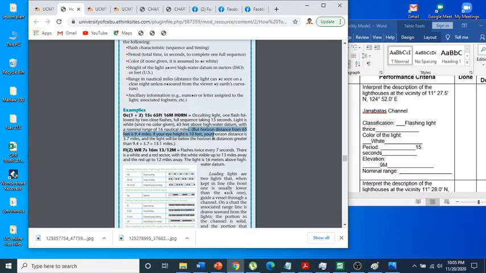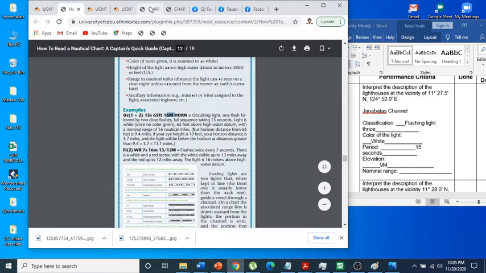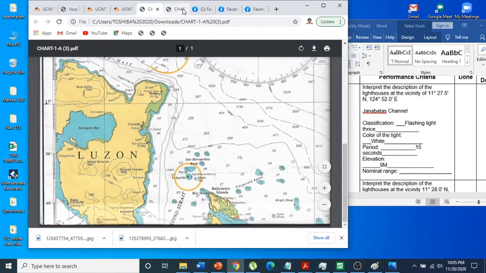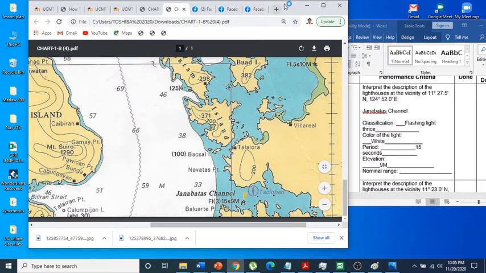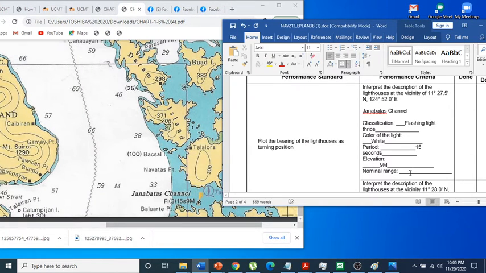This is just some additional theory, additional calculation. Just focus on characteristic, seconds, height in datum, and nominal range. You can see here that there are no add-ons. So for nominal range, just put nil here.